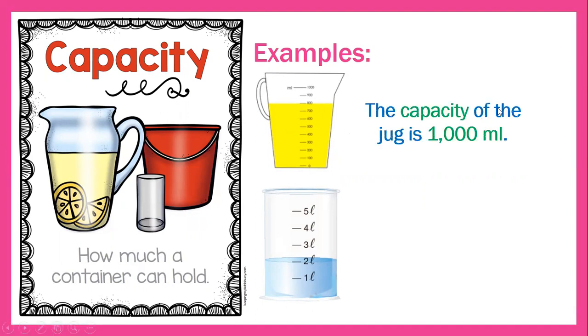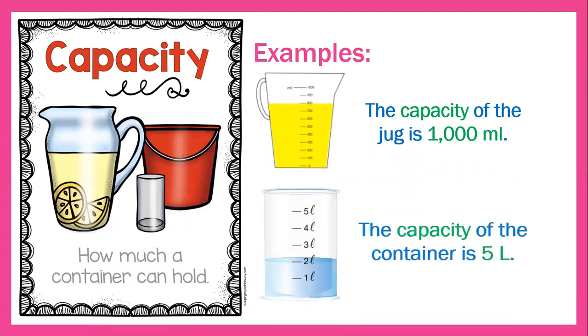The capacity of the jug is 1000 ml because it can hold up to 1000 milliliters of liquid. Next, the capacity of the container is 5 liters because it can hold up to 5 liters of liquid.